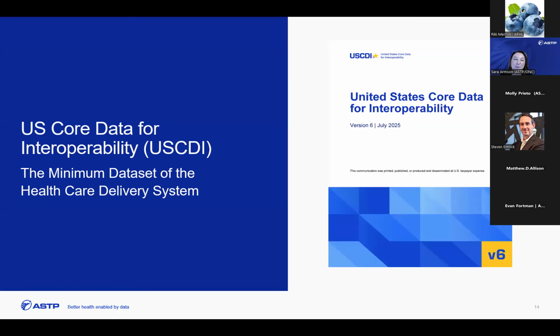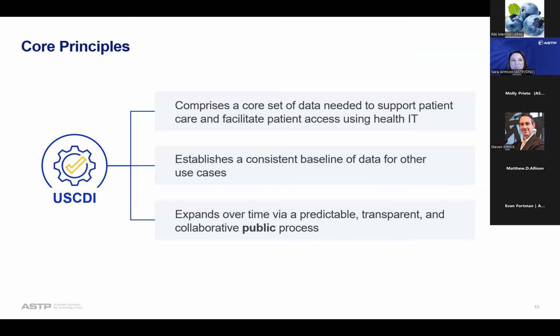Okay, so our core, the US Core Data for Interoperability, is our core set, our minimum data set, and it continues to be the baseline for the use of data for patient care and patient access to the data.